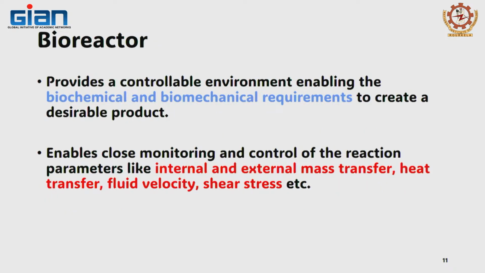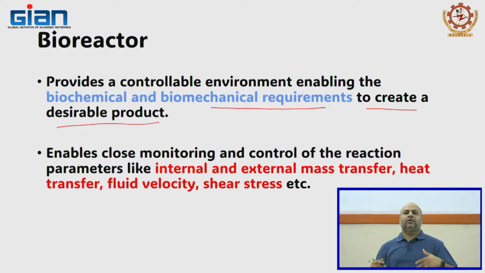Now, bioreactor, so, my mistake. What does a bioreactor do? A bioreactor provides you a controllable environment, enabling the biochemical and the biomechanical requirements to create a desirable product. So you are being provided with both the parameters to grow your product to the best of its capabilities.